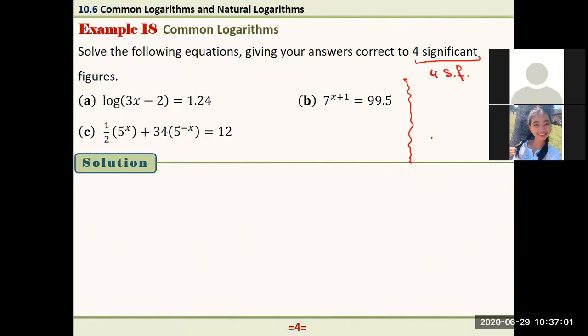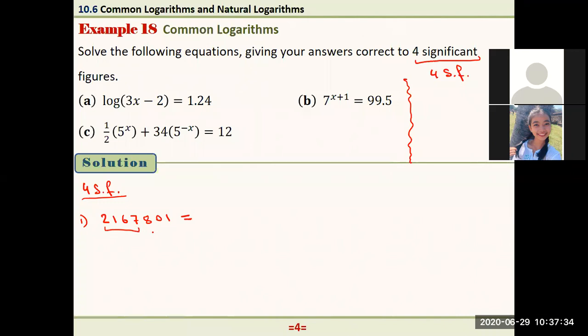For example, if we are given a number, let's say your answer is here, writing something correct to 4 significant figures. Let's say here 1, 2, 1, 6, 7, 8, 0, 1, for example. How can you write this number correct to 4 significant figures? That means that starting from the first non-zero number, take the first 4 digits. These are the important ones for us.